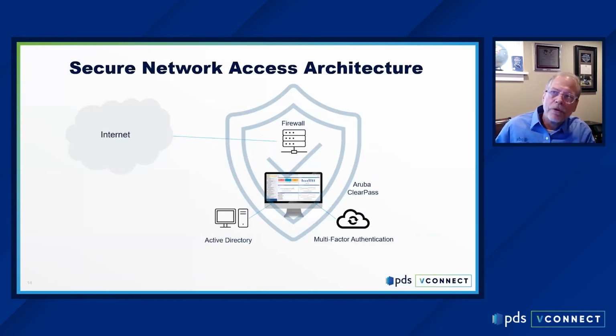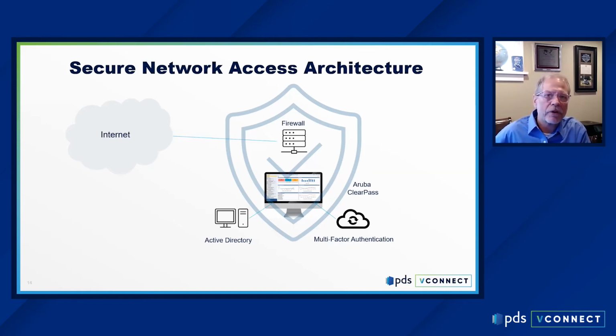So what we do in this case is the firewall doesn't necessarily need to go away. Firewalls are good things. And what we introduce in the middle is something called a network access control enabler. And in this case, we're talking about Aruba ClearPass. So Aruba ClearPass has the ability to essentially aggregate all these other kinds of identity providers.